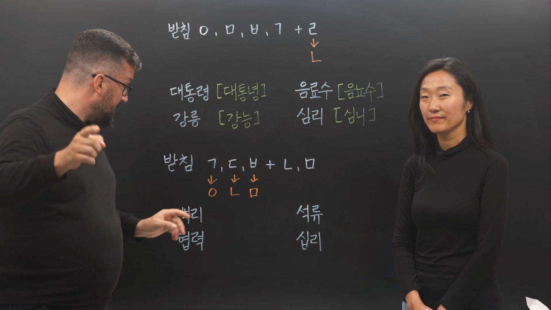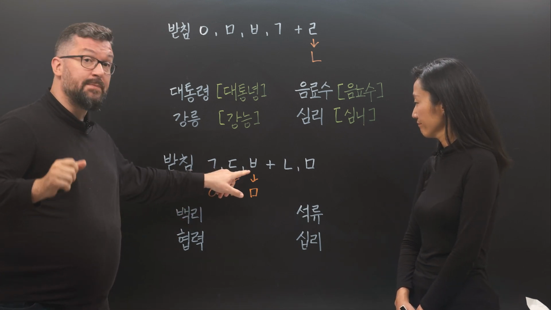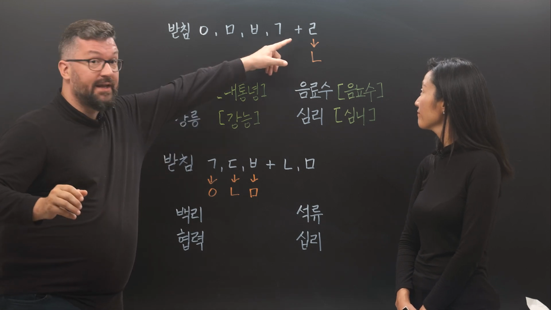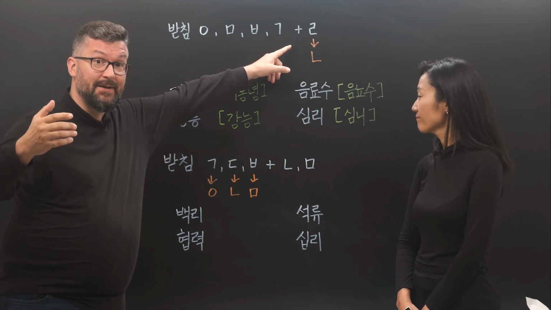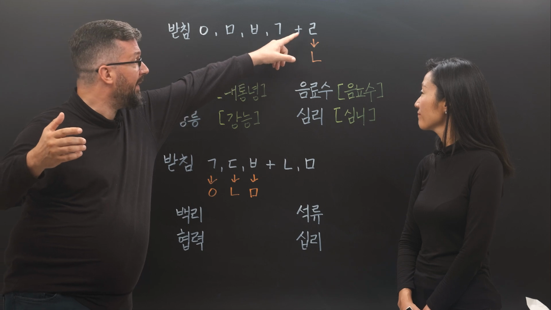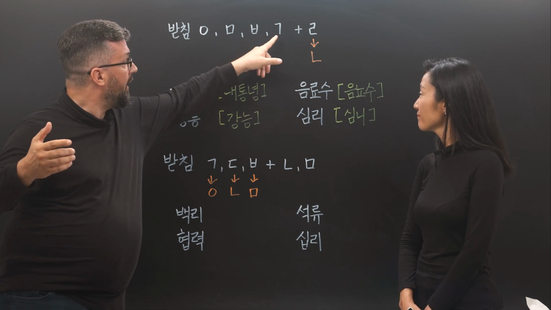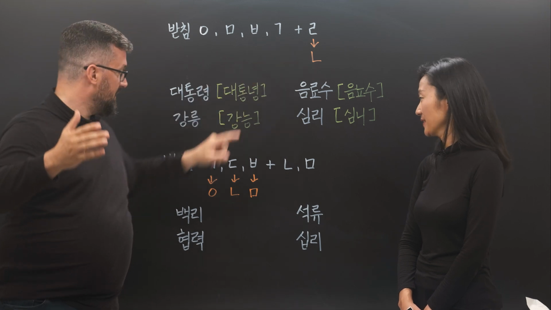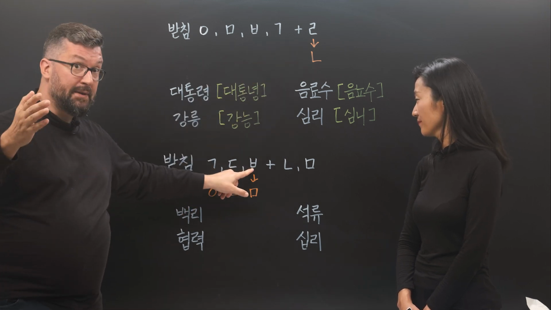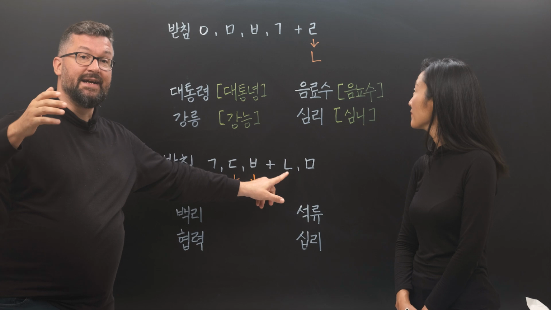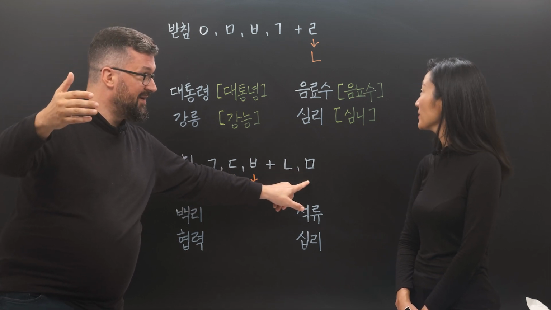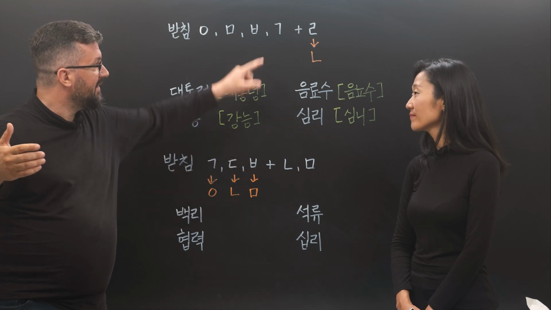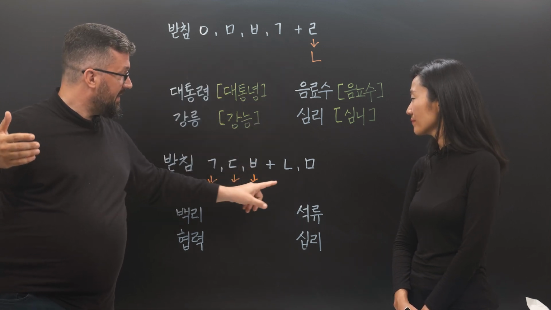That means when Batchim g or Batchim b meets r in the initial consonant of the next syllable, remember, if b or g meets r, it becomes n. Now here we have b and g meeting n or m. So if b or g meet r, r becomes n.